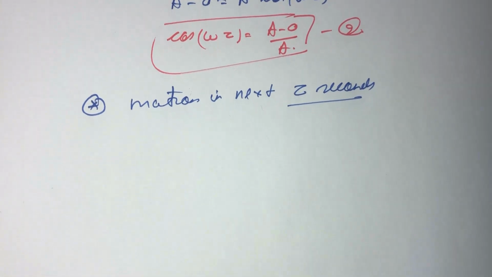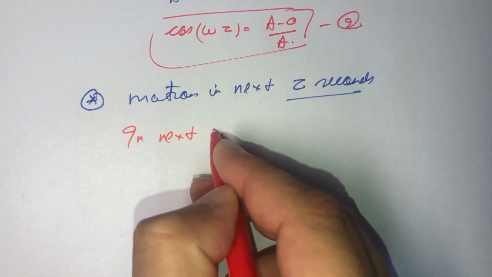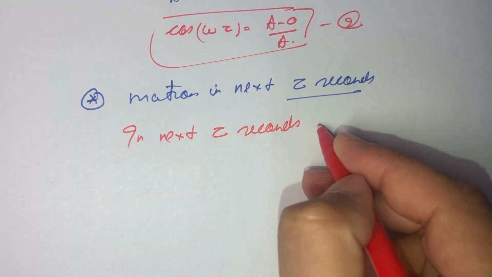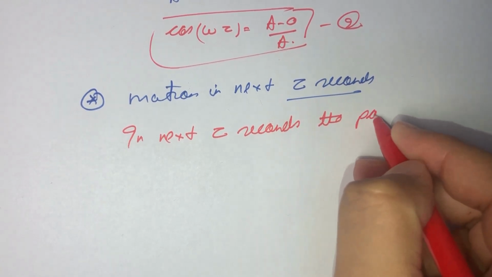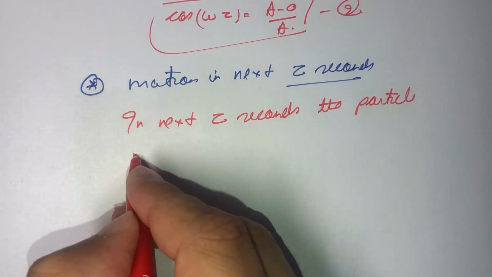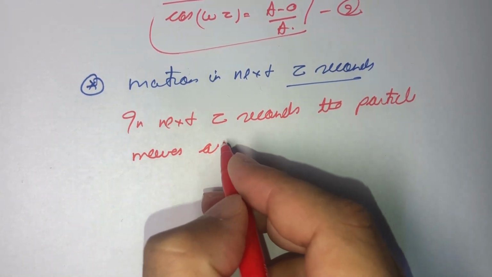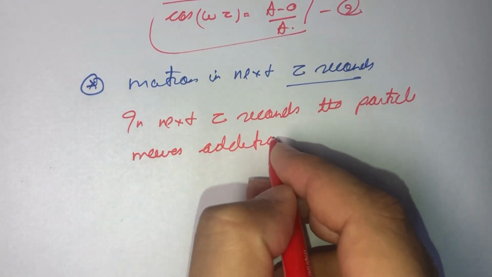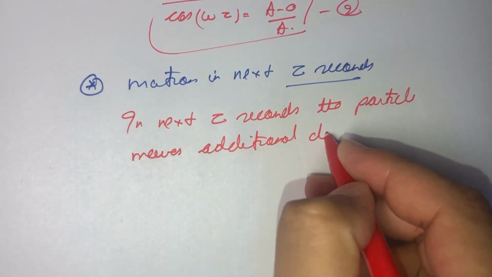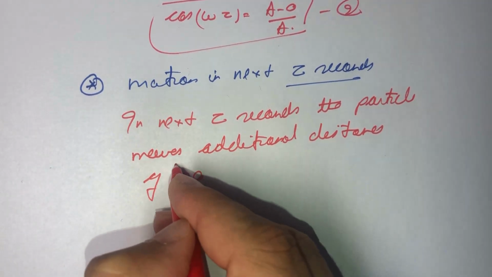Therefore, in the next tau seconds, the particle moves an additional distance of 2a.